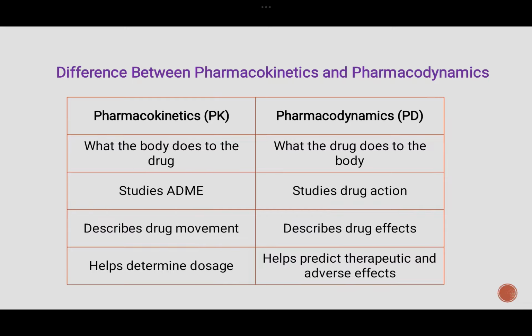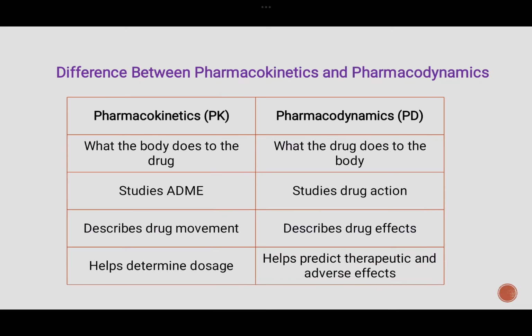Pharmacokinetics studies ADME parameters, that is absorption, distribution, metabolism and elimination, while pharmacodynamics studies drug action. Pharmacokinetics describes movement of drug, while pharmacodynamics describes effect of drug. Pharmacokinetics helps to decide the correct dose, while pharmacodynamics helps to predict therapeutic and side effects.